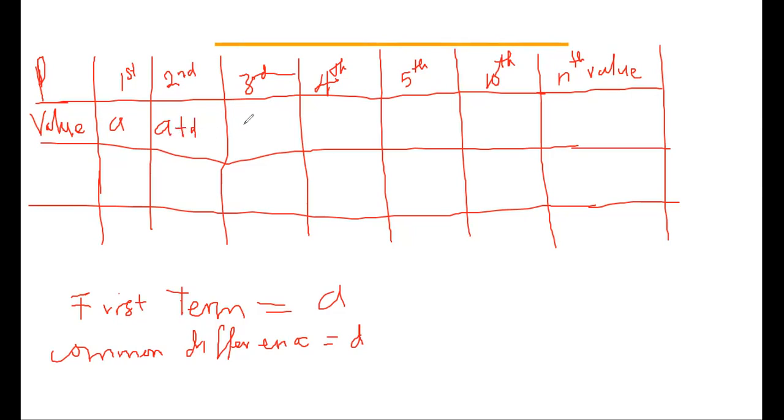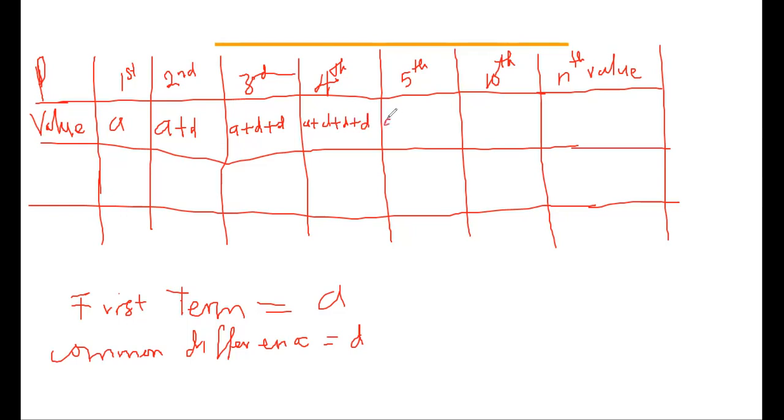Now to get the third term, we take the second term and we add D. So this will be A plus D plus D. Are we there? Yes. Then this will be A plus D plus D plus D.